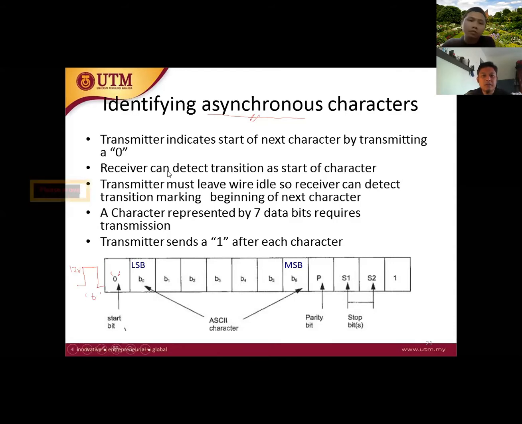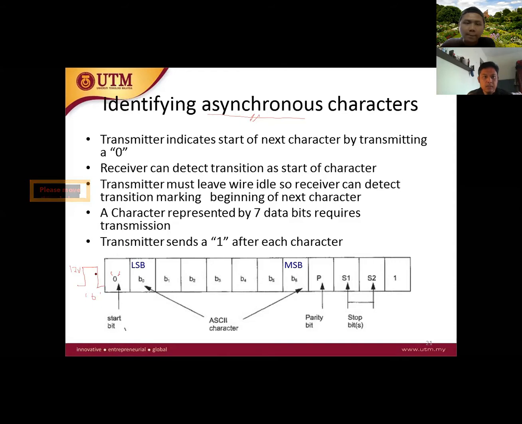So the receiver can detect a transition as the start of a character. What does it mean? It means that this represents the 0 bit, the 0 bit value for the start bit, in the form of voltage level.